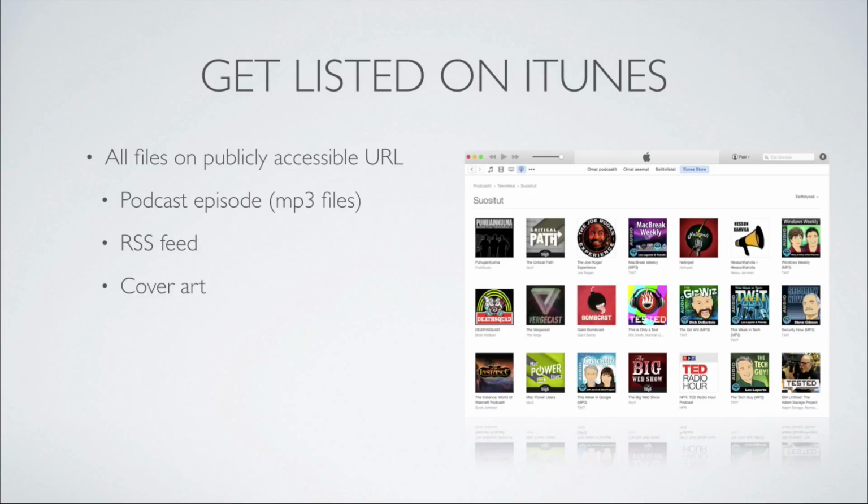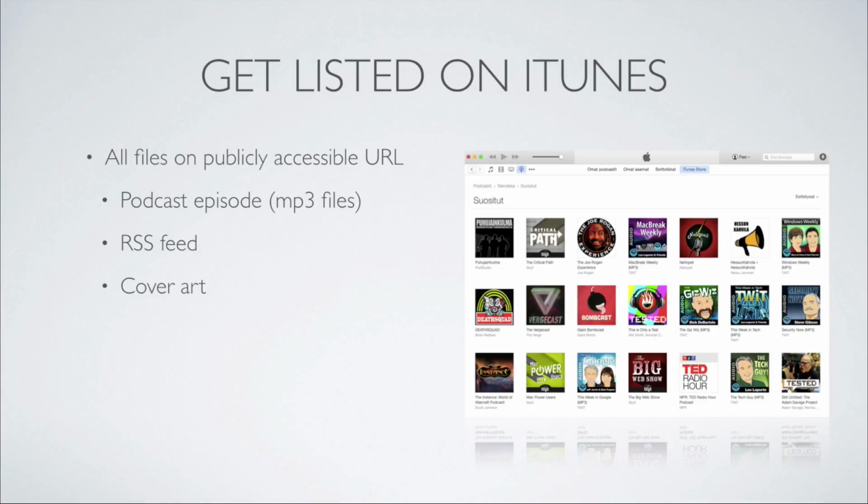We have the RSS feed that is actually picking up those MP3 files. And basically that means the MP3 files can be somewhere else than the RSS feed is, and in a different place than the actual web pages are, because the RSS feed tells where the MP3 files are.